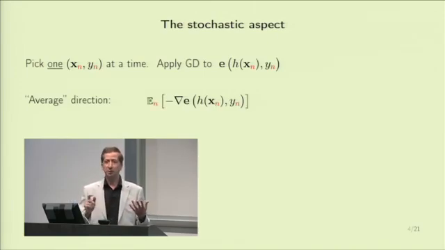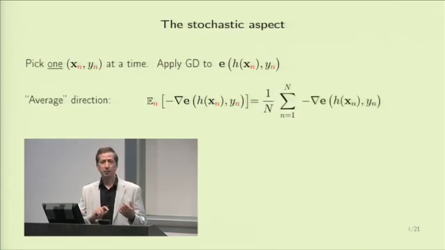And if you evaluate it, it's pretty easy. You simply take this value. For every example, it has a probability 1 over N, and the expected value would be 1 over N times the summation of that. So this would be the average direction.